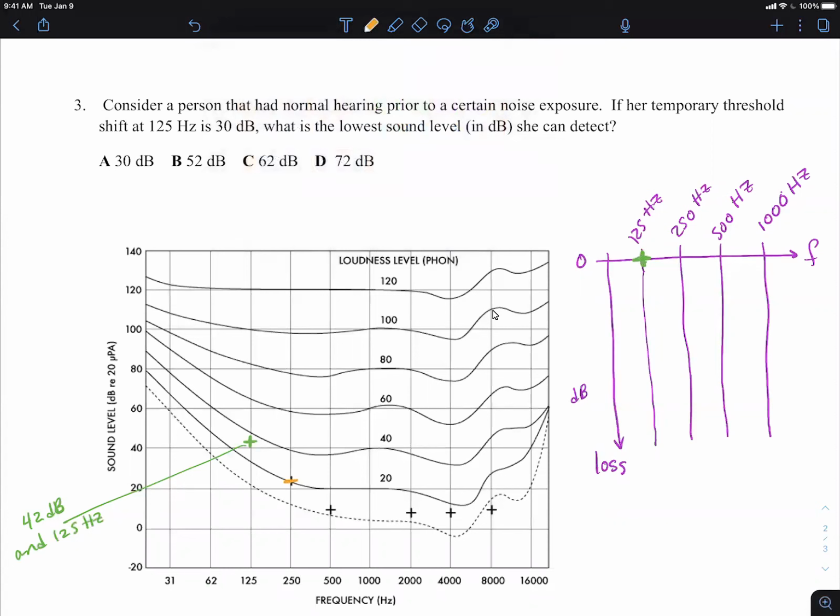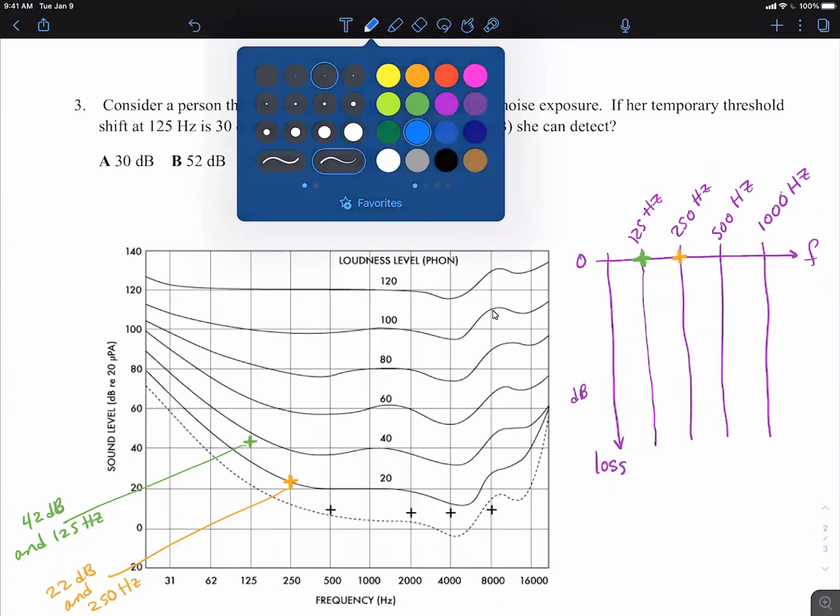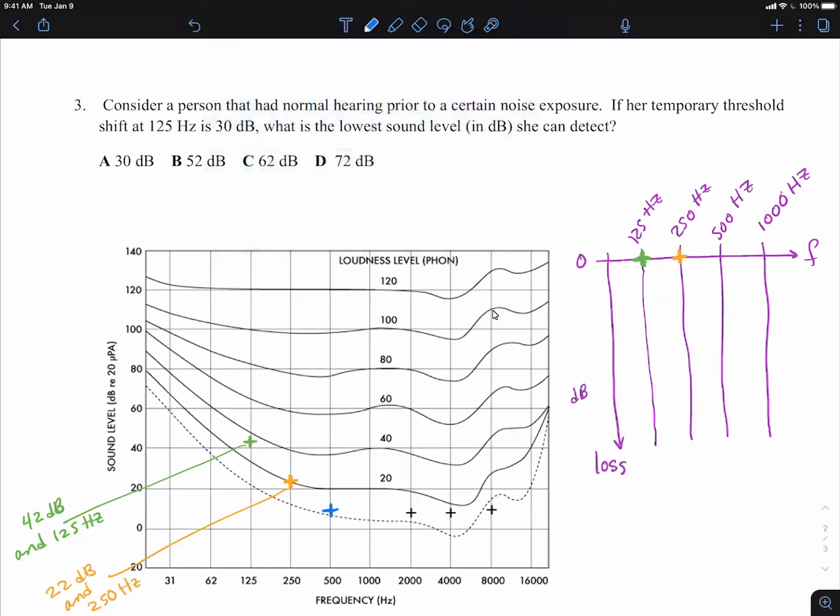Okay, similarly at 250, this orange one, that plus is at 22 decibels and 250 hertz, and so forth. Okay, that would correspond with the 0 point right there. This blue, I'll make this one blue, I'll just do one more. That's at approximately 10 decibels and 500 hertz. That would go with that point right there. Okay, and so on.